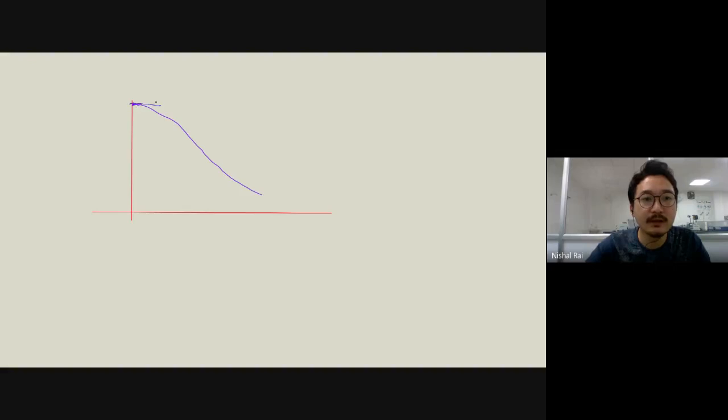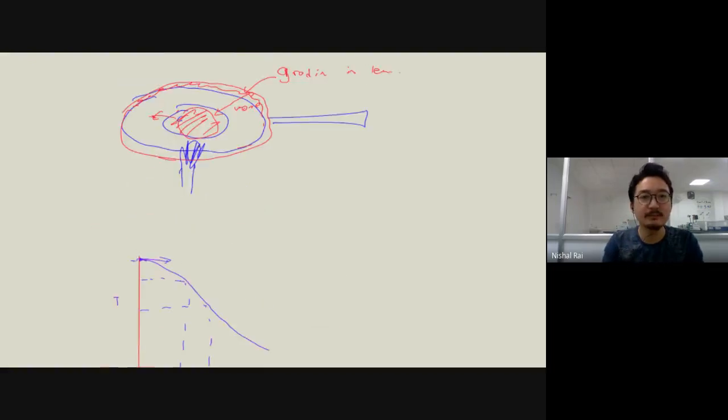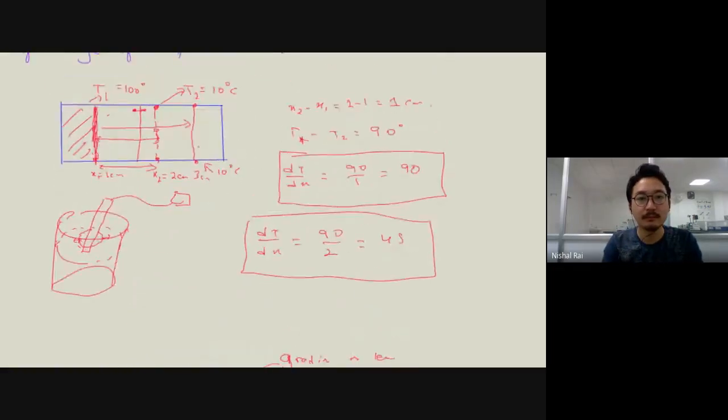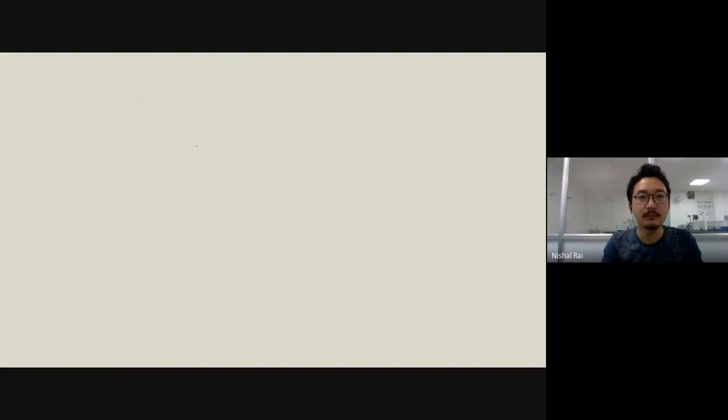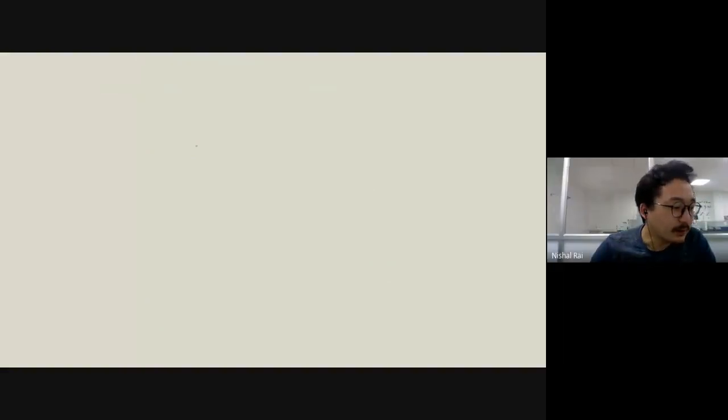Now over here also the gradient is low because it is almost at the same temperature. Now if you check, the temperature gradient is higher around this region. Clear? This is how your heat radiates outwards. Is this point clear or not? Yes, sir.